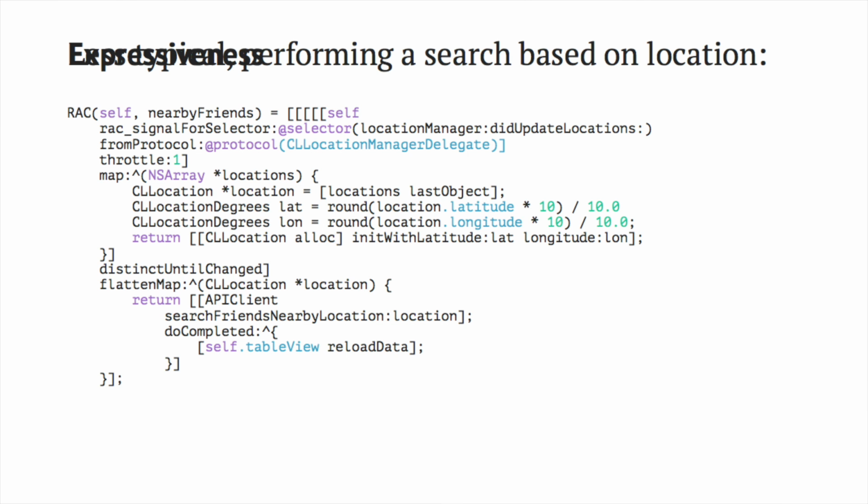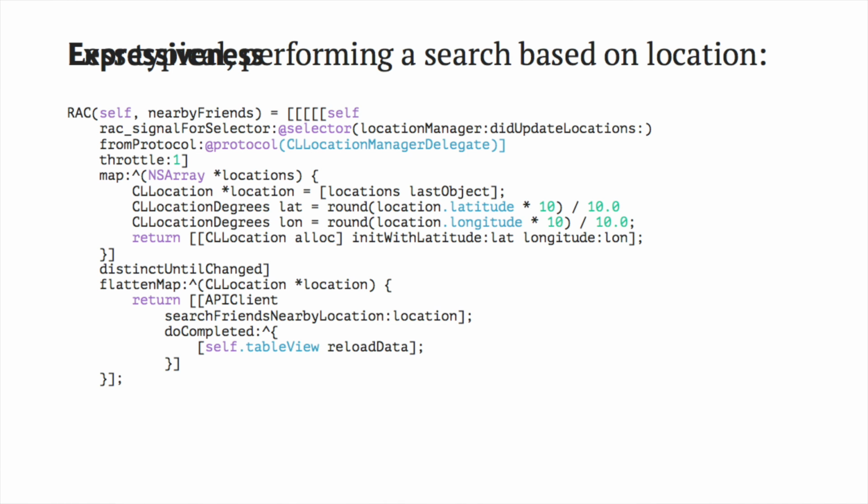When you're moving around, the friends are going to change, so you need to do a query to the server and say, okay, now who are my friends nearby? Again, this has the advantage that it reads top to bottom, but it's all here. There isn't this OO structure where you go look at other objects that are delegates and look at callback blocks.